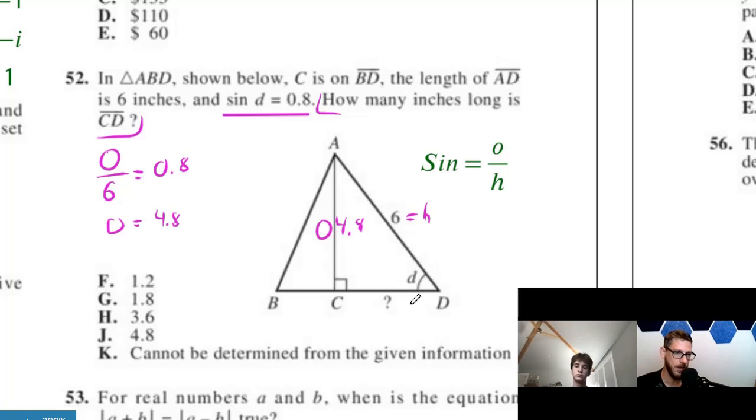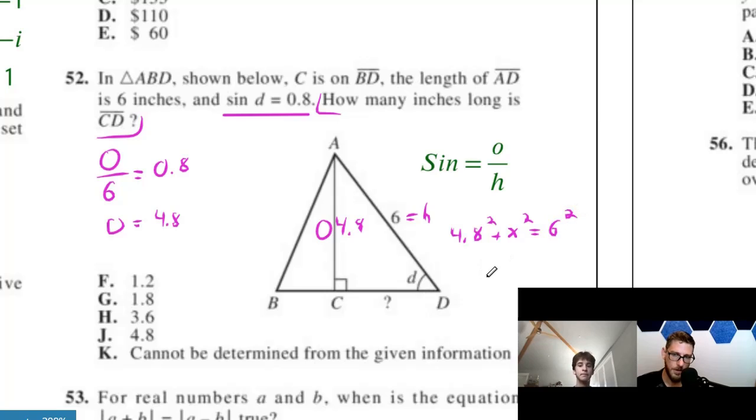I would just use the Pythagorean theorem, right? Because we have a right triangle and we know two sides, so you can always use Pythagorean to find that third side. Okay. So what's the Pythagorean theorem in relation to this problem? How do we set that up? 4.8 squared plus x squared, for the question mark, equals 6 squared, so 36.